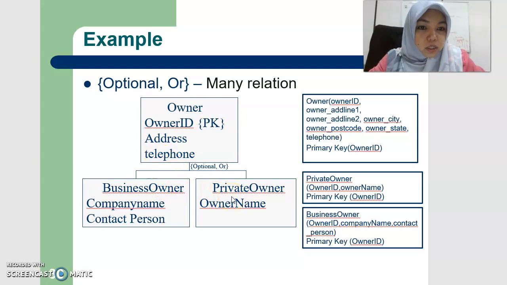So the relations that you have are also 3: one for owner, one for private owner, and one for business owner. But for superclass and subclass, you always have the primary key of the parent. So for owner, the primary key is owner ID. Private owner, the primary key is also owner ID. And business owner, the primary key is also owner ID.